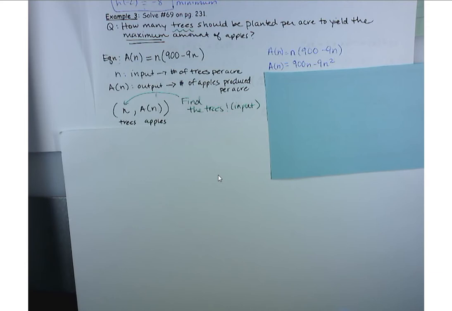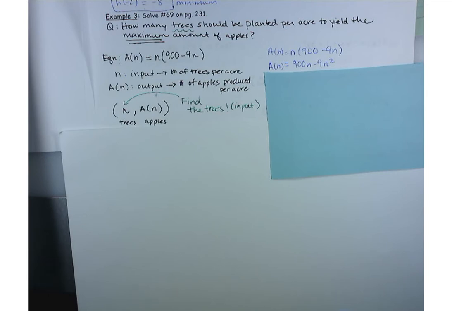Opposite of B over 2A, right? Wouldn't that give you the N value of the vertex? Your maximum value is the same thing as the vertex. We have to find the N, or the input, or the X value of that vertex. So we can use X equals the opposite of B over 2A.